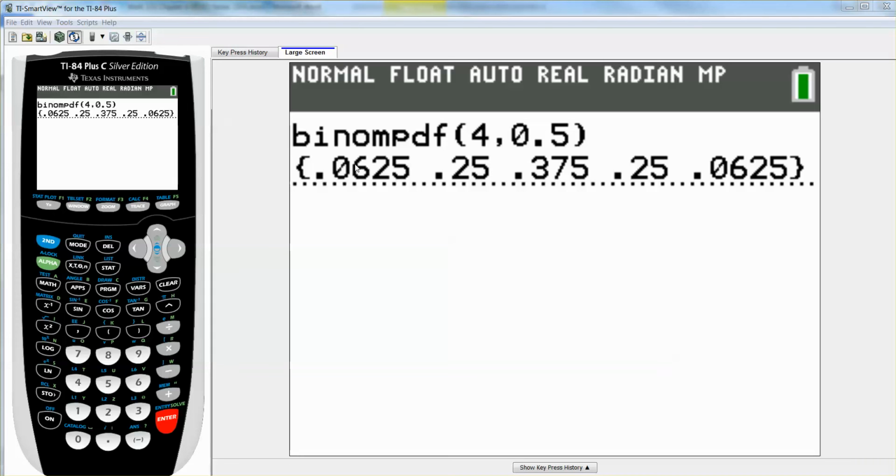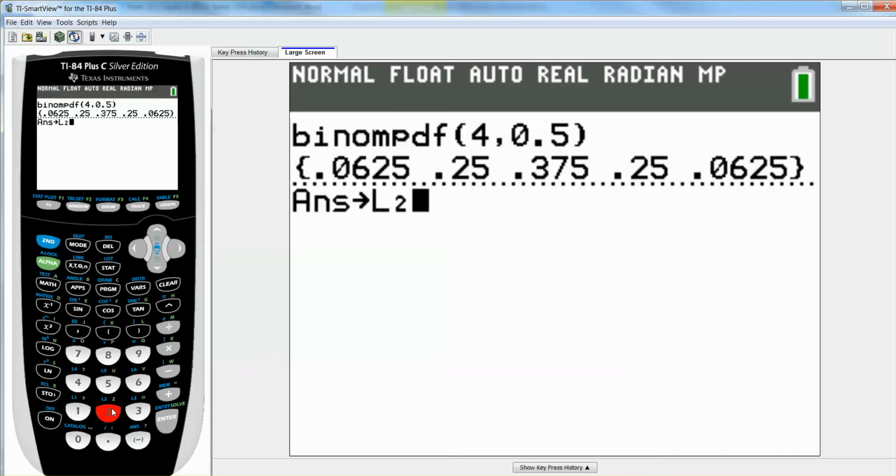And now sometimes, I'll be honest, they're really long, and so then you have to hit the left and right arrows to kind of scroll through them, but these ones are so short you don't need to. Now, if you find this difficult to look at, or if there's more values here than you can see on the screen, what you can do is hit the store button. It's STO with a little arrow after it. It'll take that last result and store it. And the place to store a list like this is in a list.